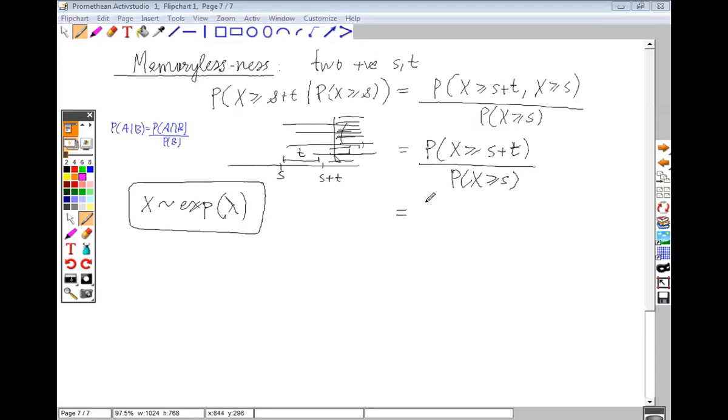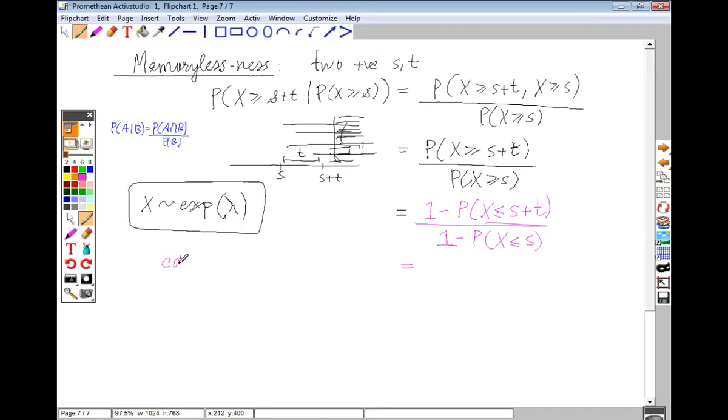So I can write this as 1 minus the probability that my x takes a value less than or equal to s plus t, over 1 minus the probability that my x takes a value less than or equal to s, right? And this is just the CDF.